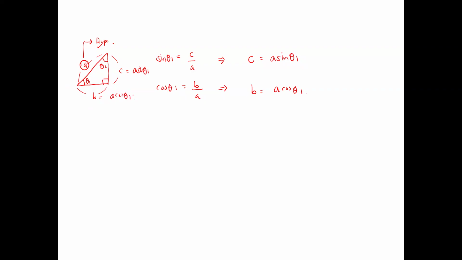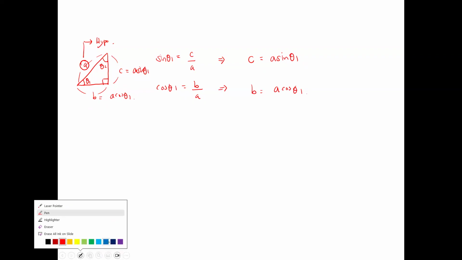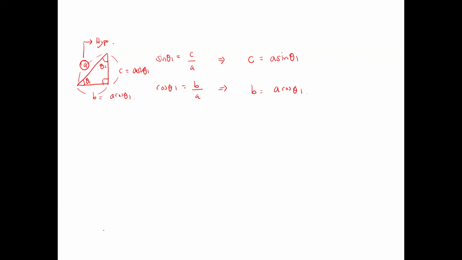The easiest way to remember this formula is, whenever you have this type of triangle, you have to see the hypotenuse first. Always hypotenuse first. The very first step is you identify the hypotenuse. The second step is you have to choose one angle.